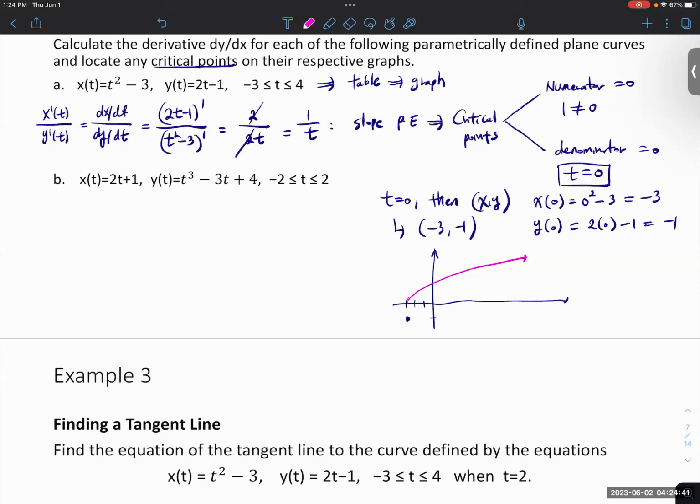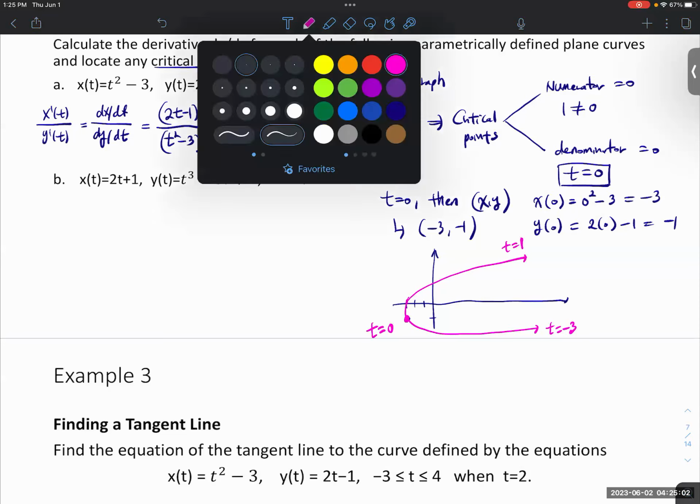This is the graph I found. So here, when t equals 1, you will get some points. And when t equals negative 3, you will get the points here. So here we got t equals 0.